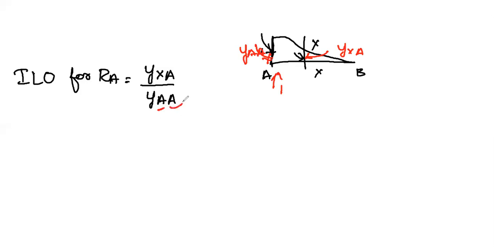The first suffix stands for where you are encountering the deflection, and the second suffix stands for where the unit load is acting. In both cases, the unit load is acting at the point A, so that comes under the second suffix.